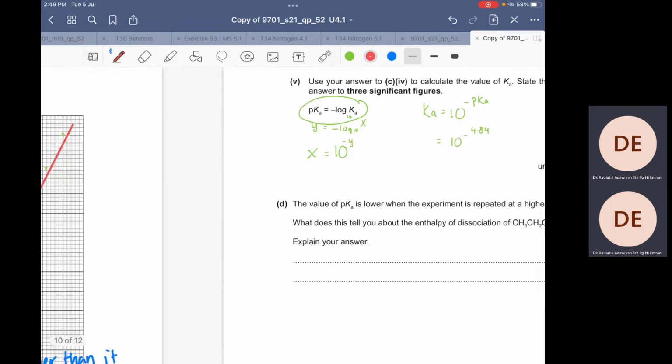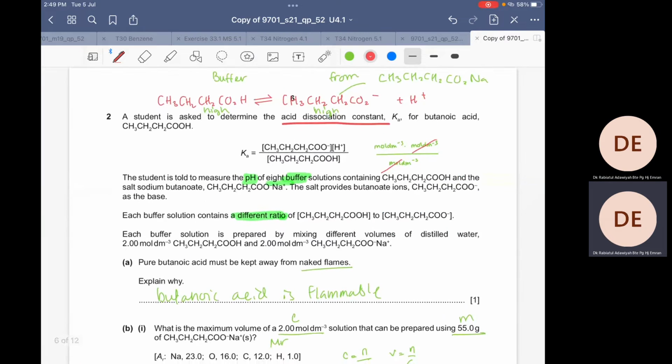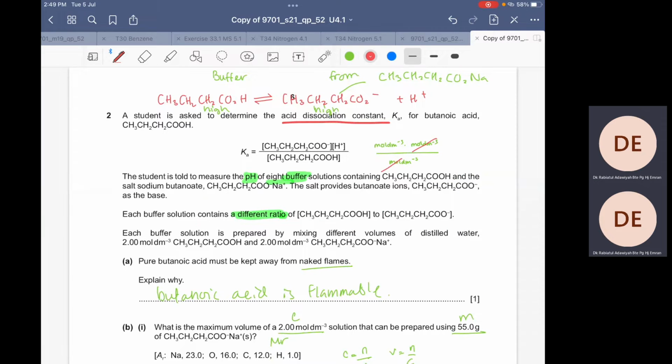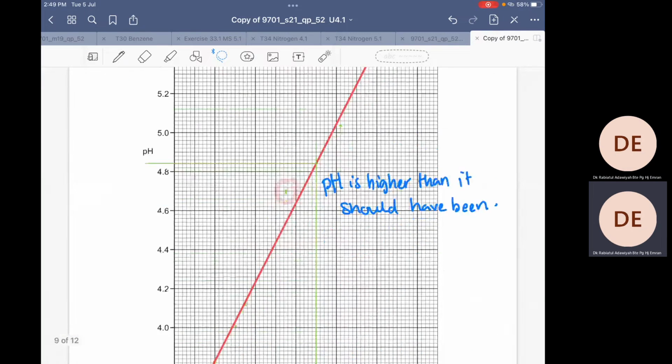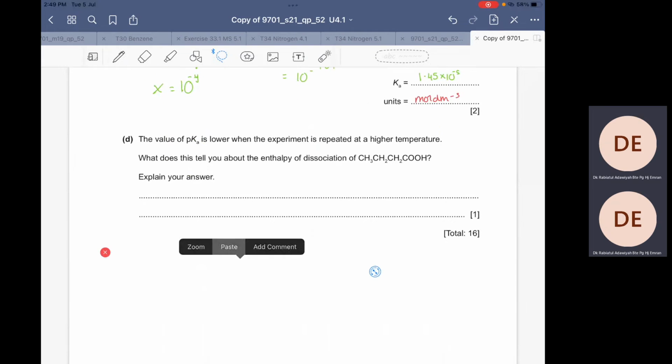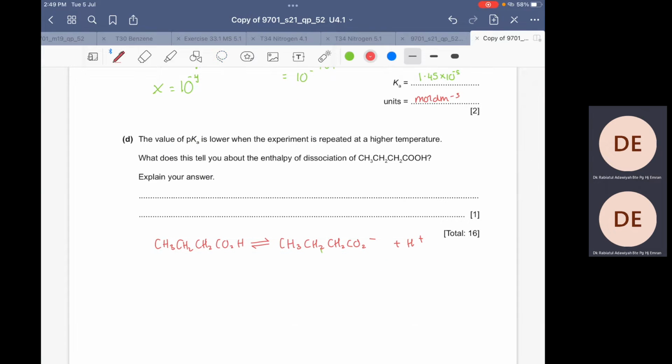Right. I'm going to take some of what I wrote down here, because I don't want to copy paste this thing. Okay, I'm going to need that. And then the Ka is proportional to the products over the reactants, the concentration of products over reactants.